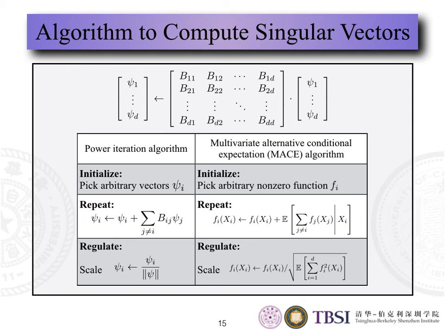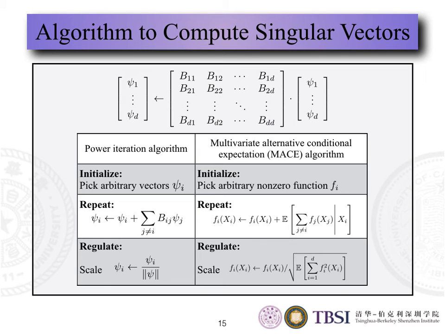Then we can apply the power iteration algorithm to compute the largest eigenvalue of the matrix B, which starts from an arbitrary vector psi1 to psi d, and then iteratively multiplies the matrix B to this starting vector. This can be summarized as the updating rule for each component vector psi i.